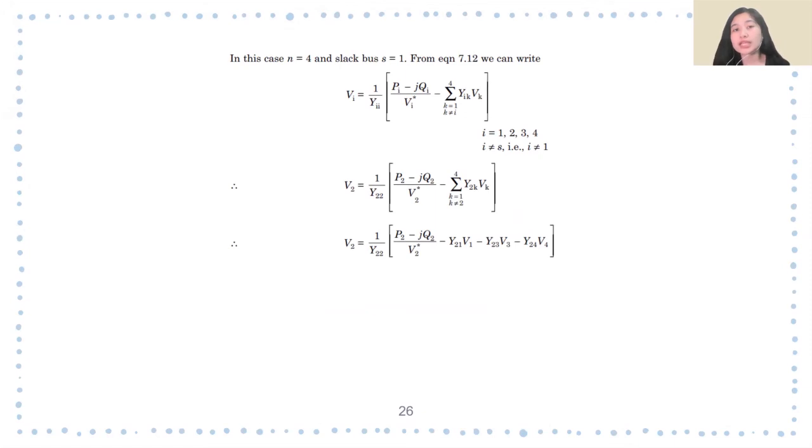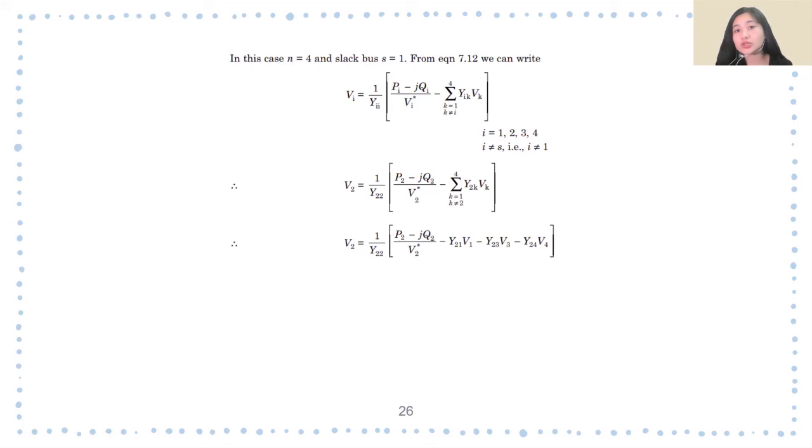If we recall, it would be this one, which is V sub I equals 1 over Y sub II multiplied with P sub I minus jQ sub I all over V sub I conjugate, minus our summation formula over here. Here, I should be considered as 1, 2, 3, and 4 because we have 4 buses. Meaning to say, Y sub 1,1 could be Y sub 2,2, 3,3, or 4,4.